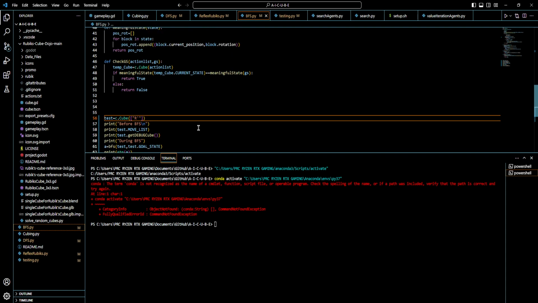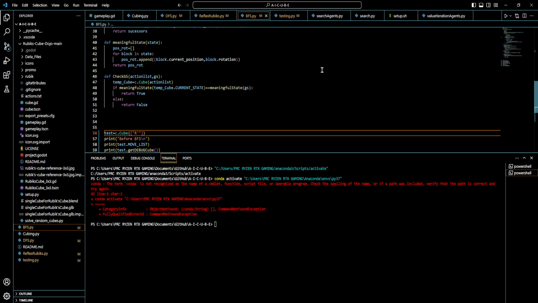But for BFS, the main two things, besides of course the class that fetches successor states and the implementation of the actual BFS, are these two classes. One is meaningful state. Currently, the way the cubing.py is set up, it holds as a current state a bunch of references to objects, because our cube is a bunch of objects.